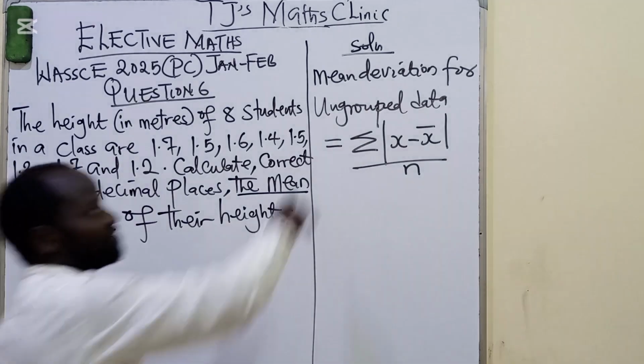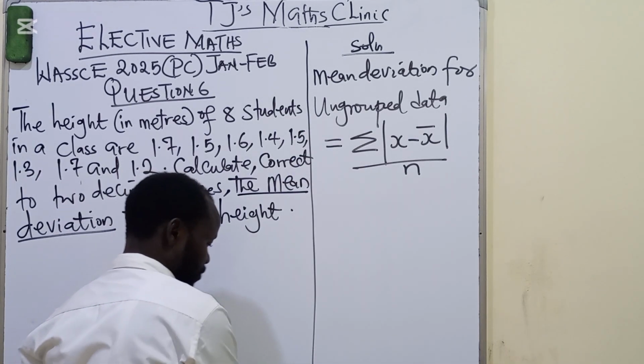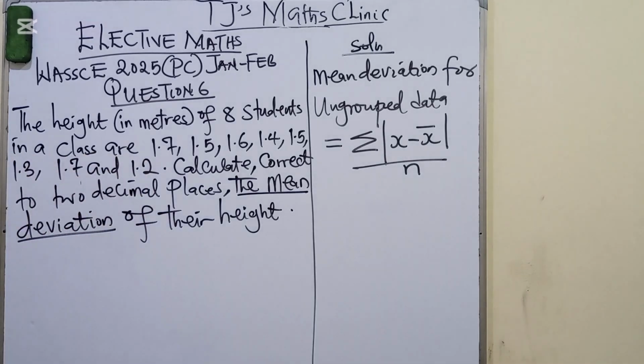This is the formula for mean deviation for ungrouped data. Very important, so you have to record this formula.